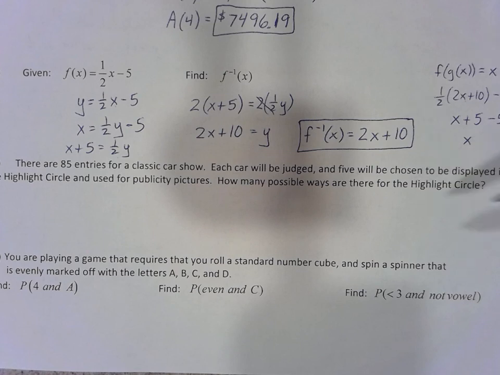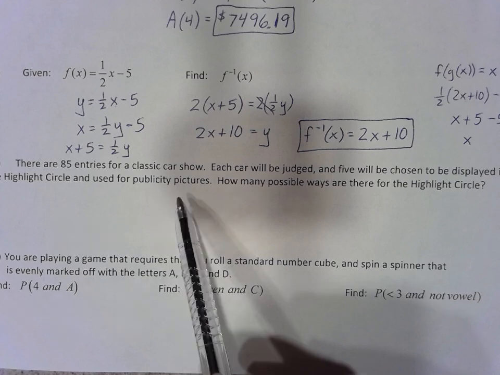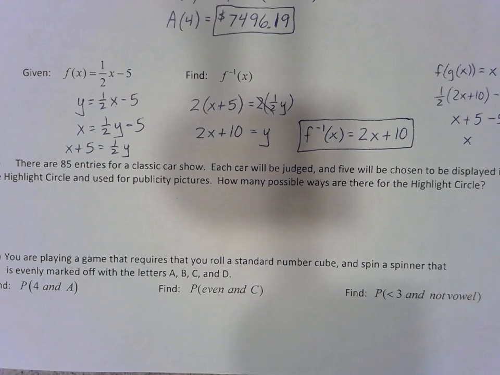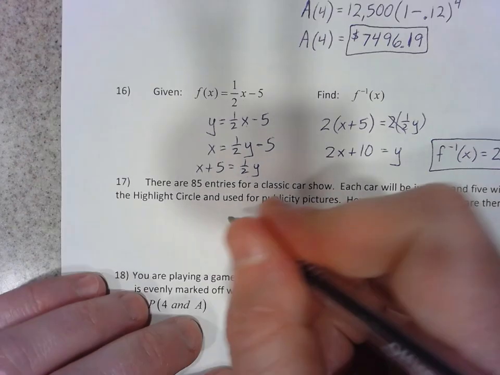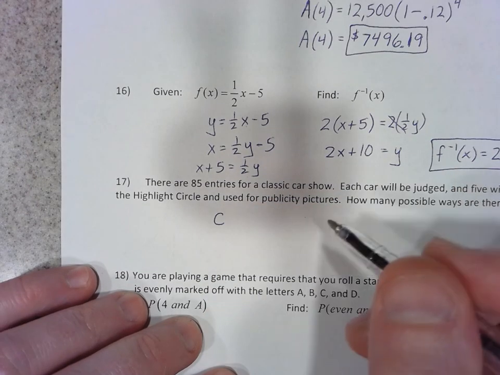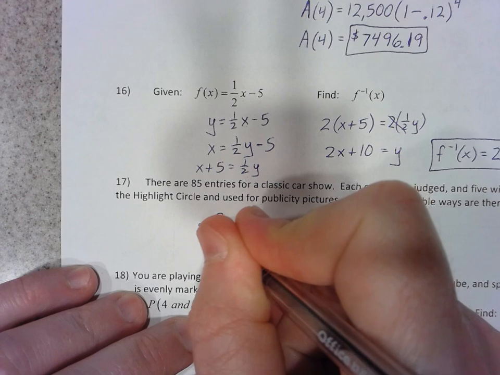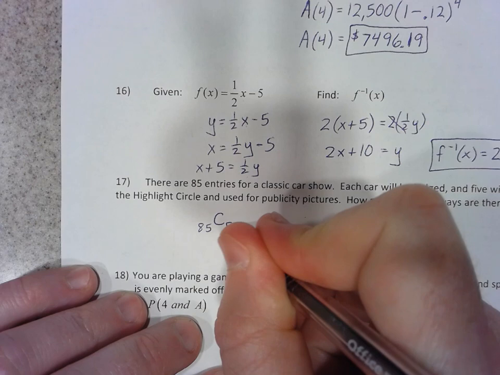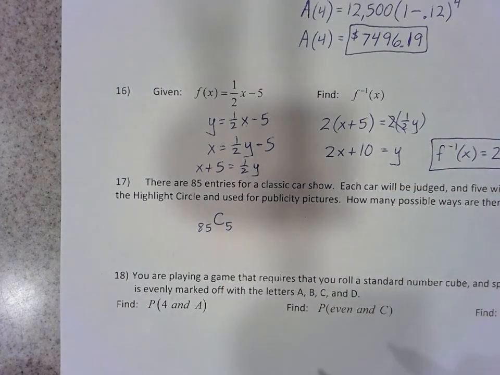Doesn't matter the order that they're chosen, that they're judged. Nope, all 5 of them are going to get their publicity pictures, will be part of the highlight circle, so it doesn't matter whether you're first or fifth. And so if the order doesn't matter, that means that it is a combination. And so we have 85 cars to choose from, and 5 of them will be selected for the highlight circle.